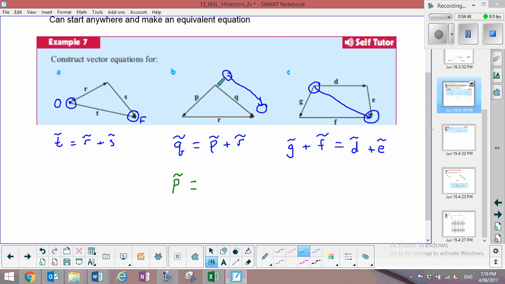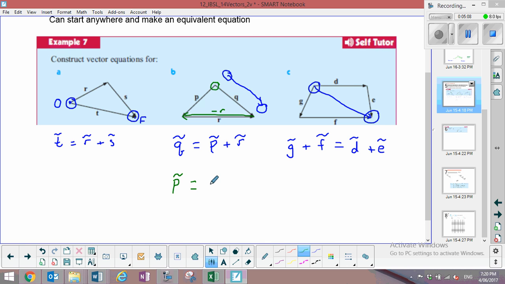Here's our starting point with the two tails together. We could go q, but see how this doesn't head us that direction? So what we could do is take this vector but consider it in the opposite direction. So consider this as minus r.